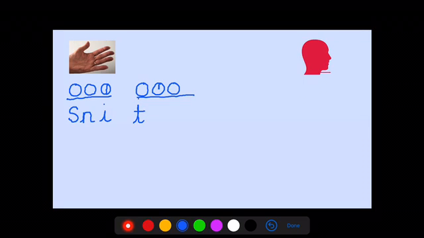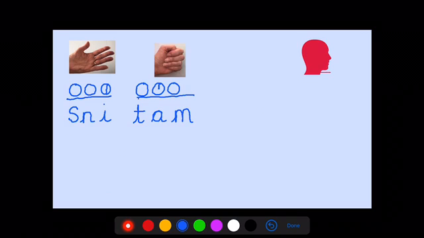T. A. M. I've closed in that short vowel with a consonant in tam.